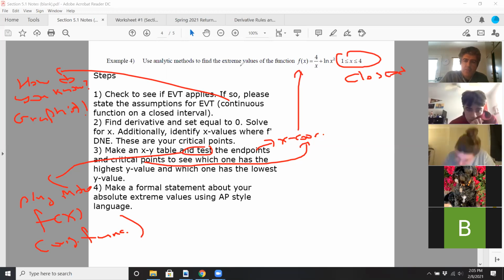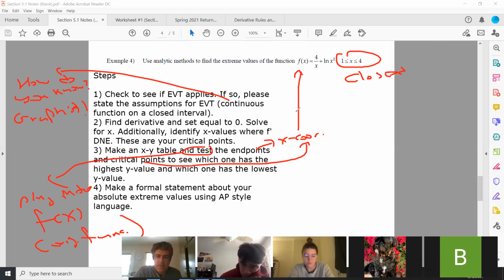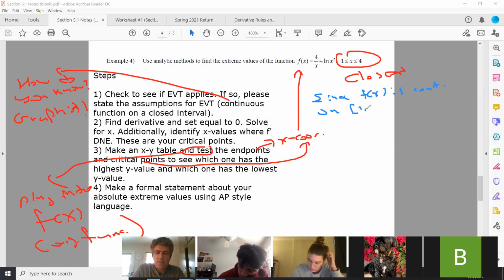Let me do this in blue for a bit of contrast, and I'll keep the stuff here in red. So what you'd first say is that since f of x is continuous on 1 to 4, and obviously it's a closed interval, then EVT applies.